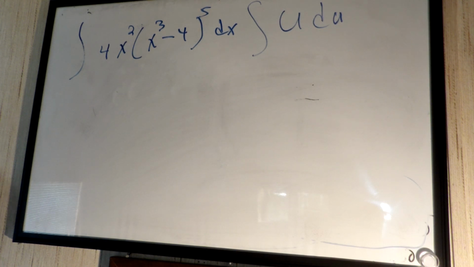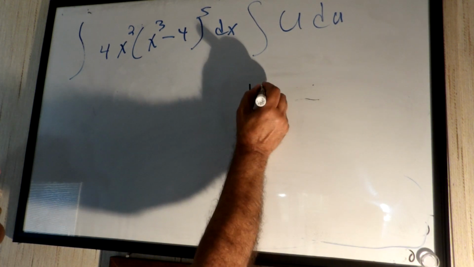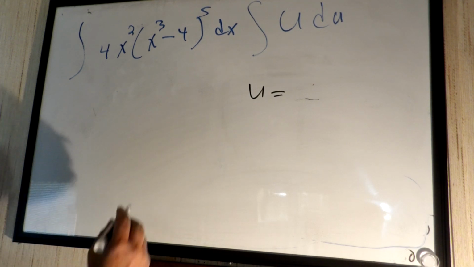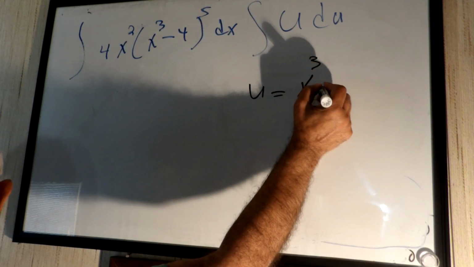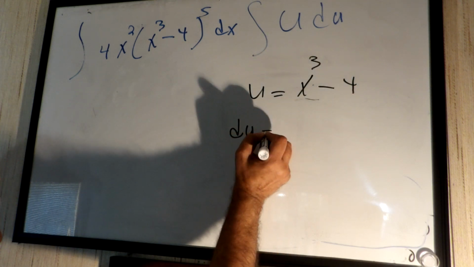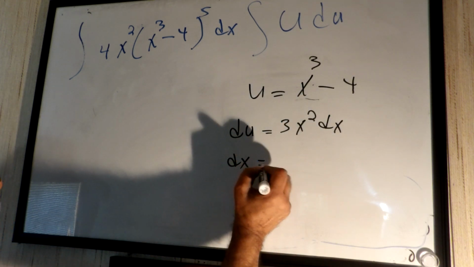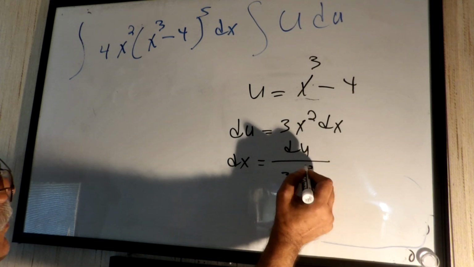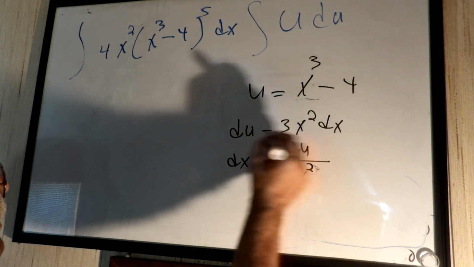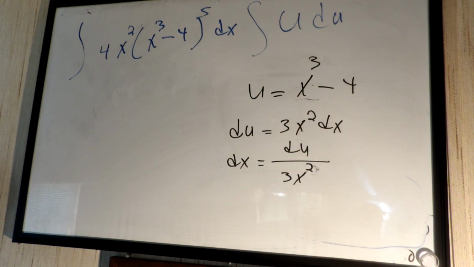So what we do, we use u is equal to x^3 - 4, and du is equal to 3x^2 dx, and then when you want to find dx, it is du over 3x^2, because we divide both sides by 3x^2.